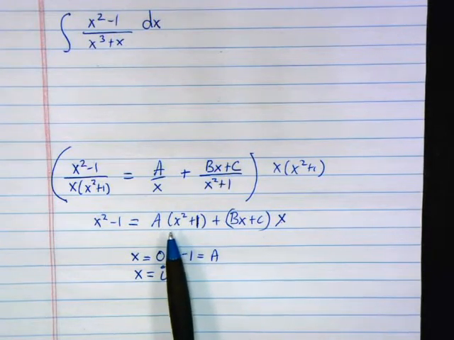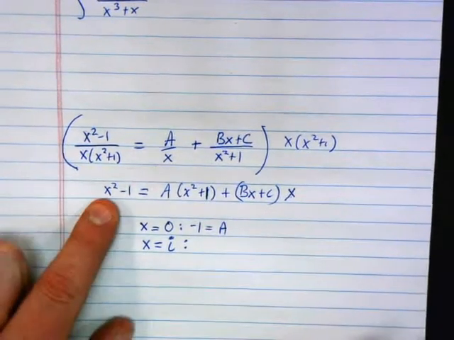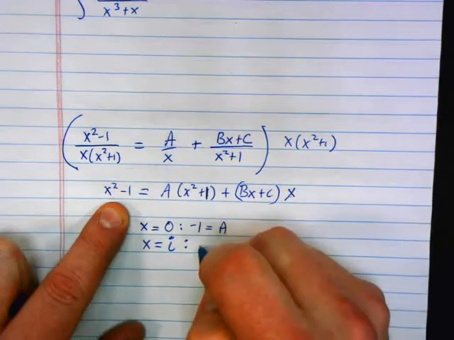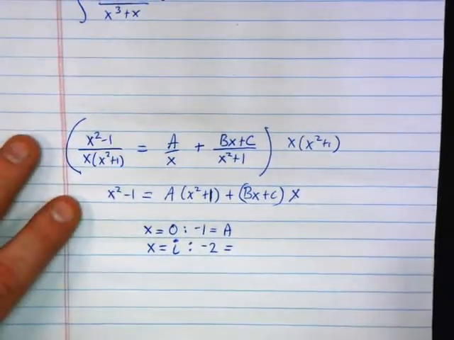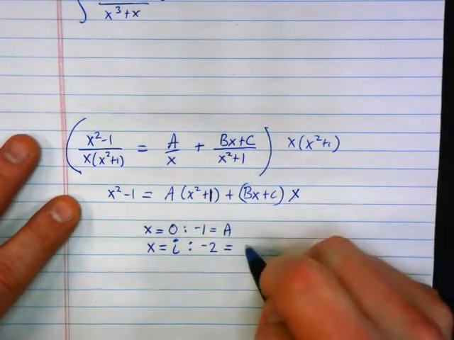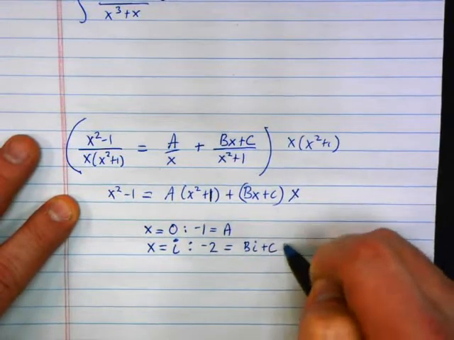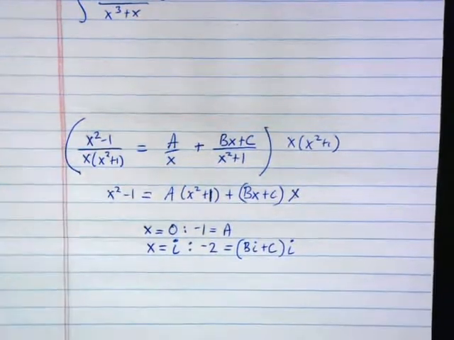Let's see how much that helps, though. So when I plug in i, what's i squared? i squared is negative 1, so negative 1 minus 1 is negative 2 equals, over here I get bi plus c times i.